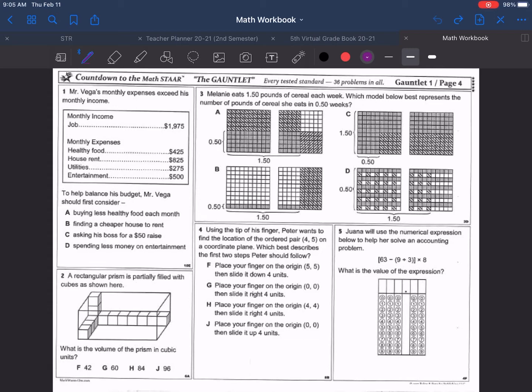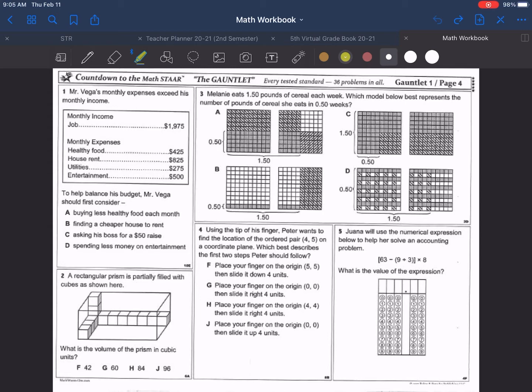We are going to do these as warm-ups each time on your math block so that you can keep getting the practice. Each math gauntlet is not going to look exactly the same, so be prepared for that. Okay, let's get started with number 1.